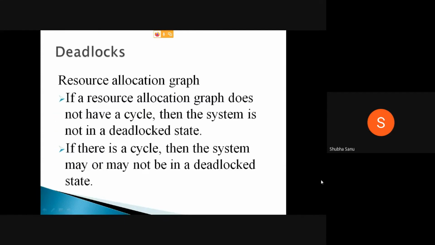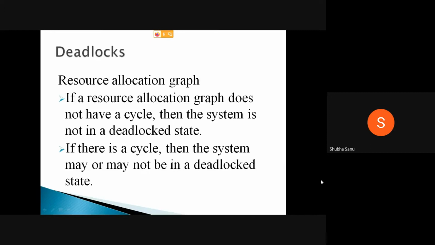Now, there is another graph called resource allocation graph. By drawing this resource allocation graph, we can tell whether the system is in deadlock or not. If a resource allocation graph does not have a cycle, then the system is not in a deadlocked state.